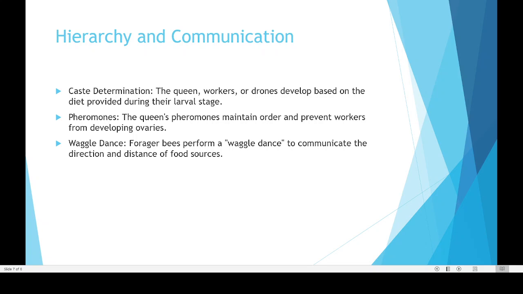So by their dance movement, they can communicate not only the location but also the distance from the source. See here also you can see that. So this is the duration and distance.